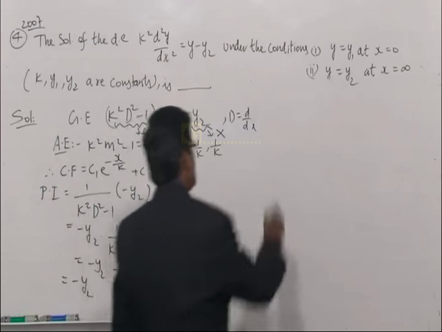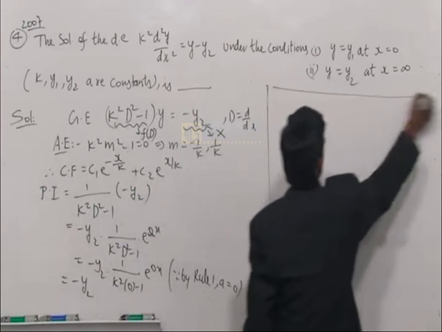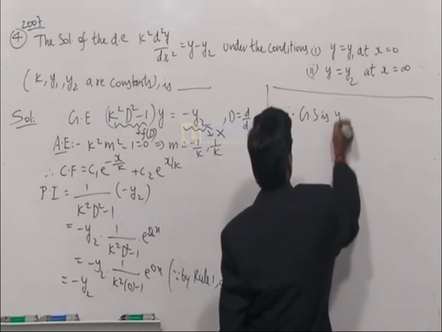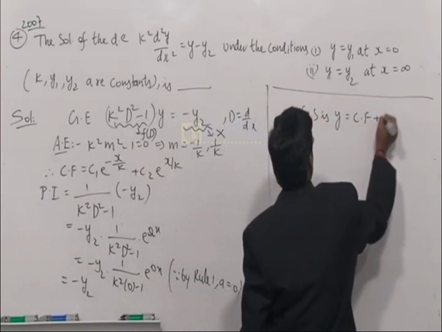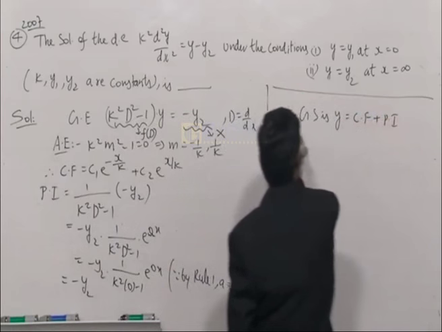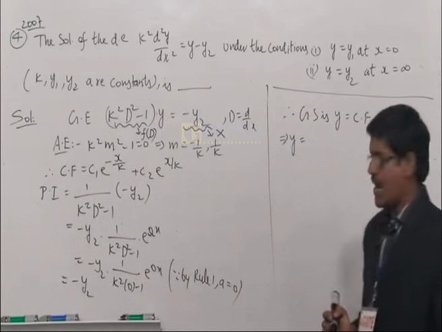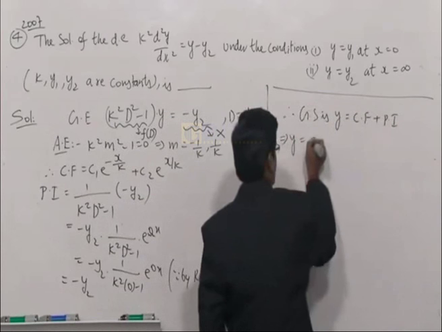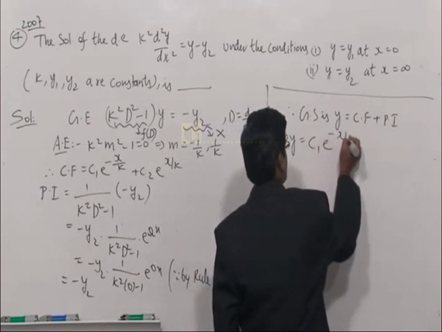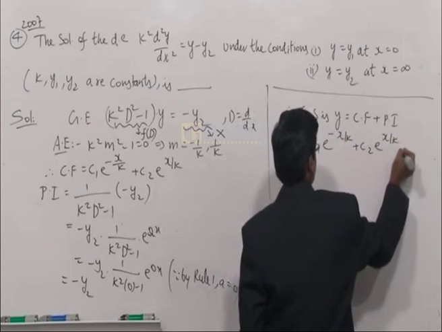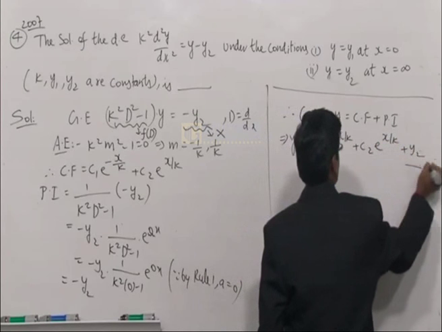Now what is the general solution? Therefore general solution is y is equal to CF plus PI. Implies y is equal to, add these two, C1 e power minus x by k plus C2 e power plus x by k plus y2. Equation 1.